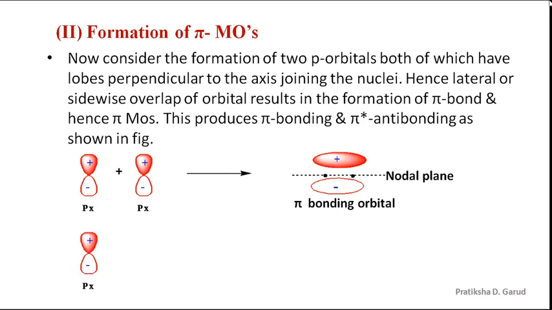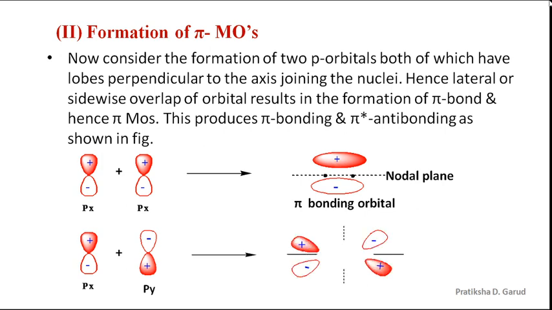Whereas when we are having the px orbital, which undergoes overlapping with another px orbital, but here they are having the opposite sign. When they undergo combination, there will be repulsion between the opposite signs, and due to repulsion the positive lobes are separated and the negative lobes are separated, and this separation is across the nodal plane, and hence this is called the antibonding molecular orbital.